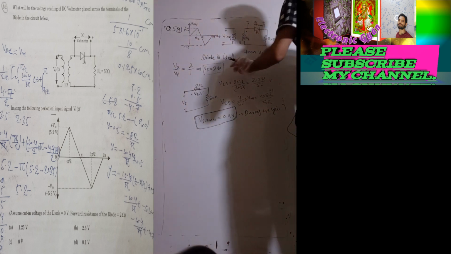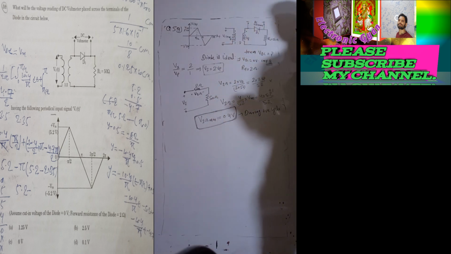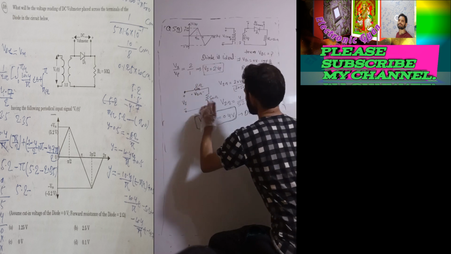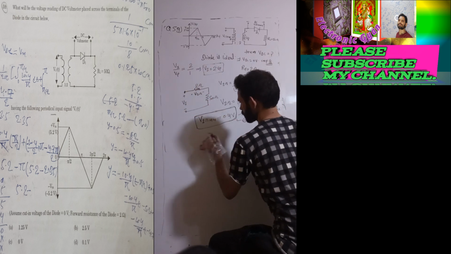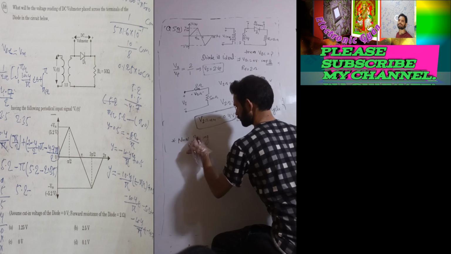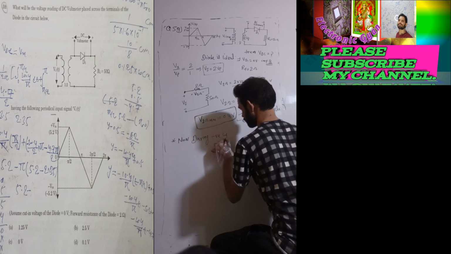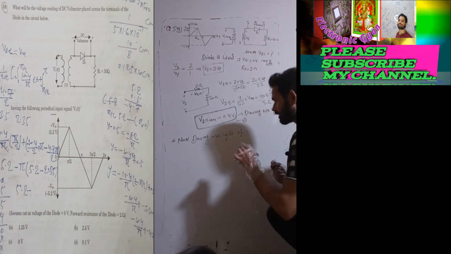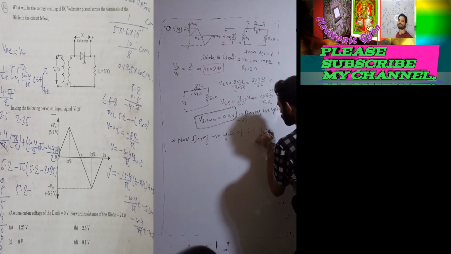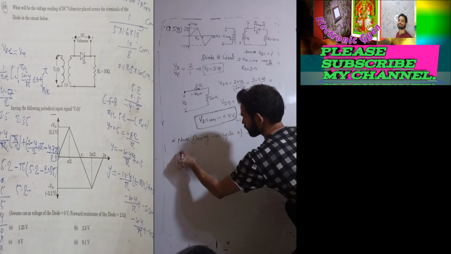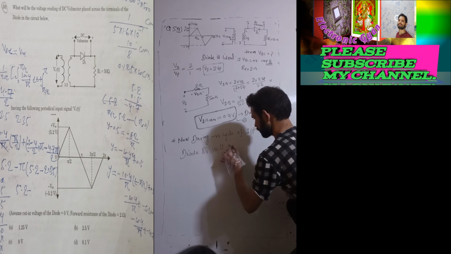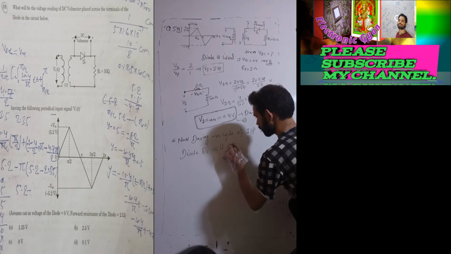Vs is equal to minus 2 Vp, which means the diode is off. So this diode is off during the negative cycle. During the negative cycle of input, Vs is equal to minus 2 Vp, so diode D1 will turn off.